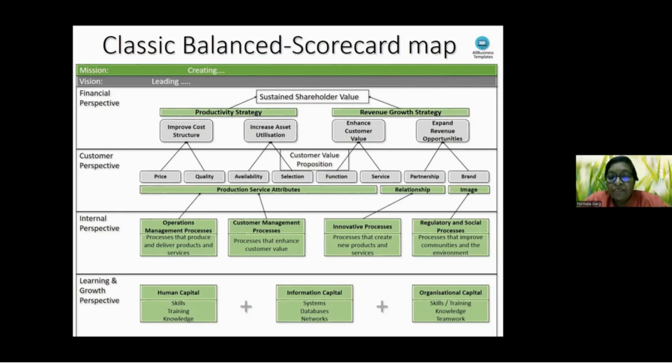Some of you looked at operations management, that is the entire production processes. Then you looked at supply chain. Some looked at logistics and distribution, because reach has to be there. Some looked at the entire customer management processes so that you can enhance customer value. So these are the processes. Now, this is what you will also have to do.